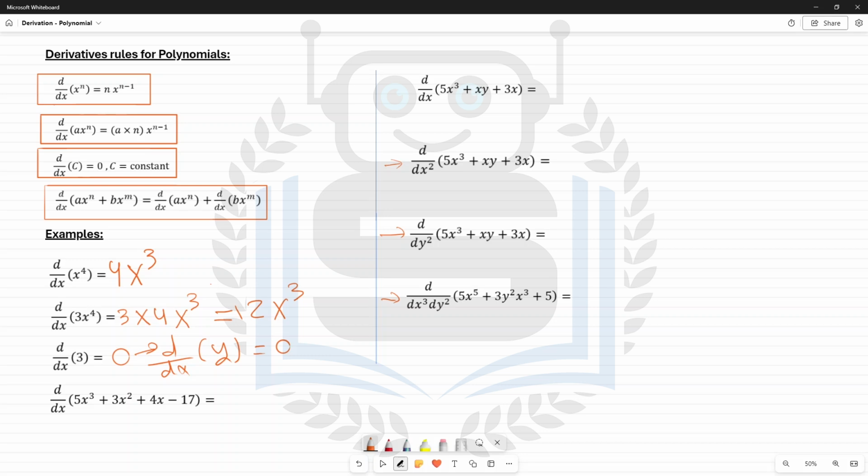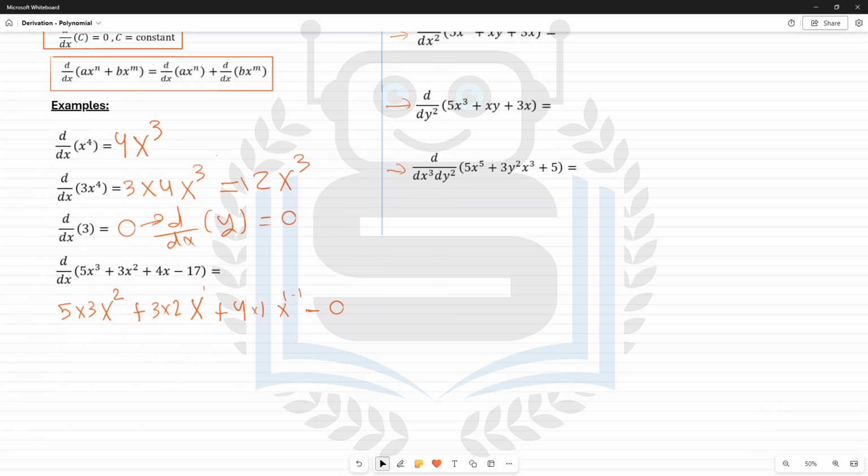Okay, for example, the derivative with respect to x of 5x to the power 3 plus 3x squared plus 4x minus 17. So we'll take the derivative of each term, and that will be the answer. So first one will be 5 times 3x to the power of 2, plus 3 times 2x to the power of 2 minus 1, that will be 1, plus 4 times 1, x to the power of 1 minus 1, minus the derivative of the constant, which is 0.